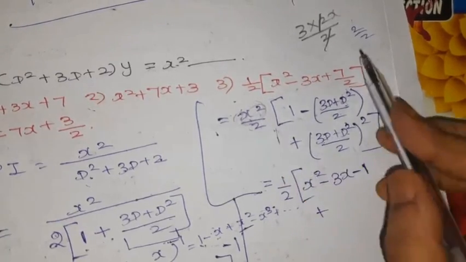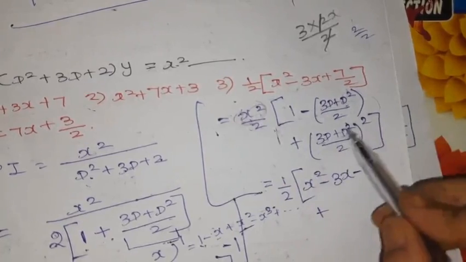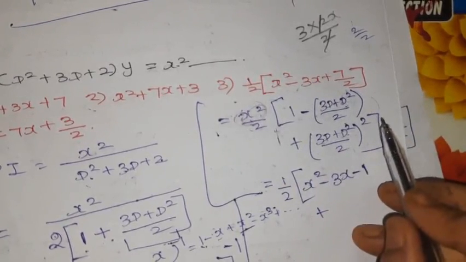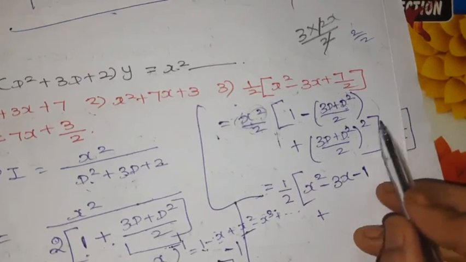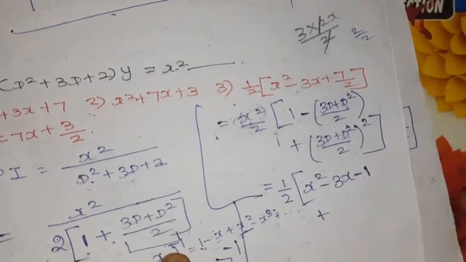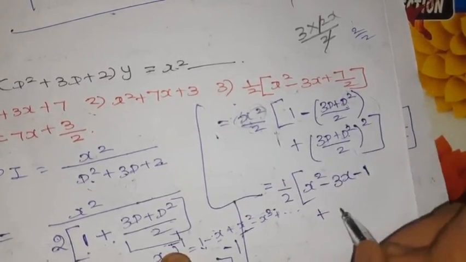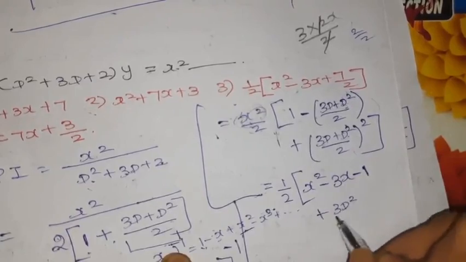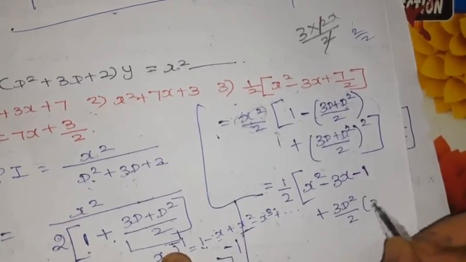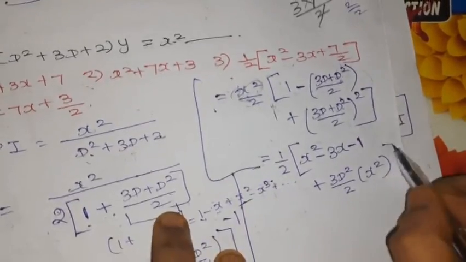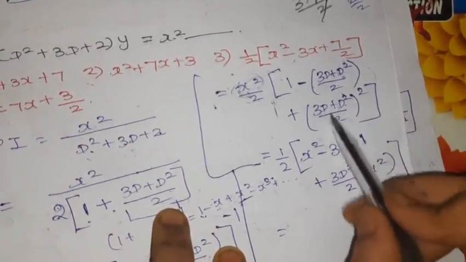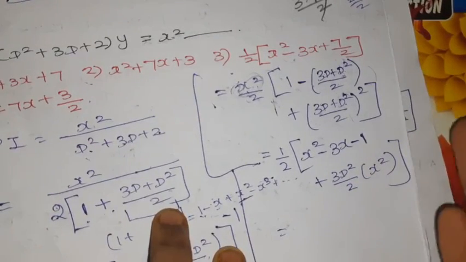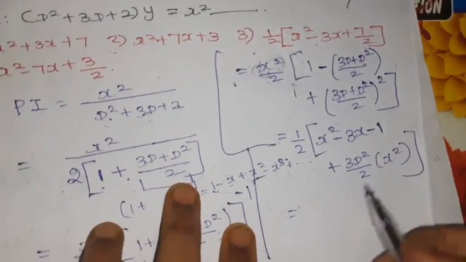So differentiating third time we will get 0 only. So we will stop up to D squared only. So I am not going to expand this up to 3. So this term only, a square term, what is that? 3D squared plus 2 into that x squared. I am writing here, okay, for our understanding. So the remaining terms we need not expand because we will get 0 only, okay.